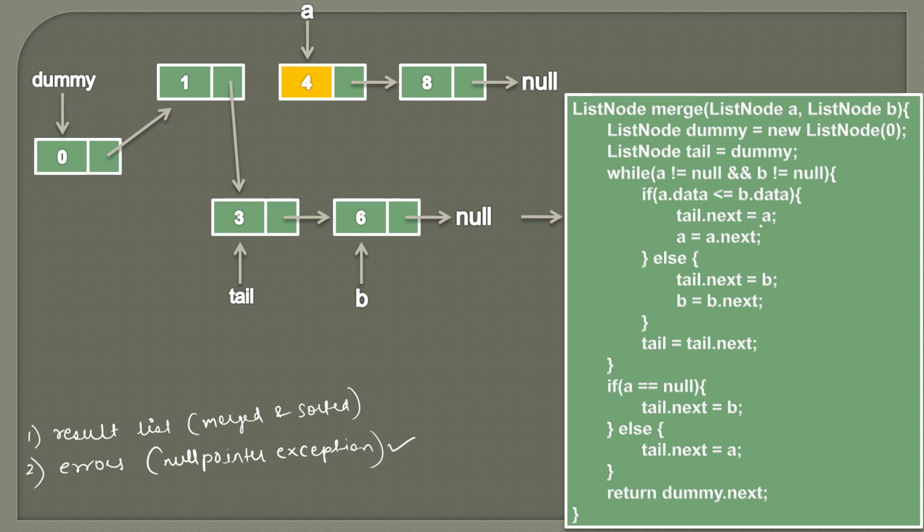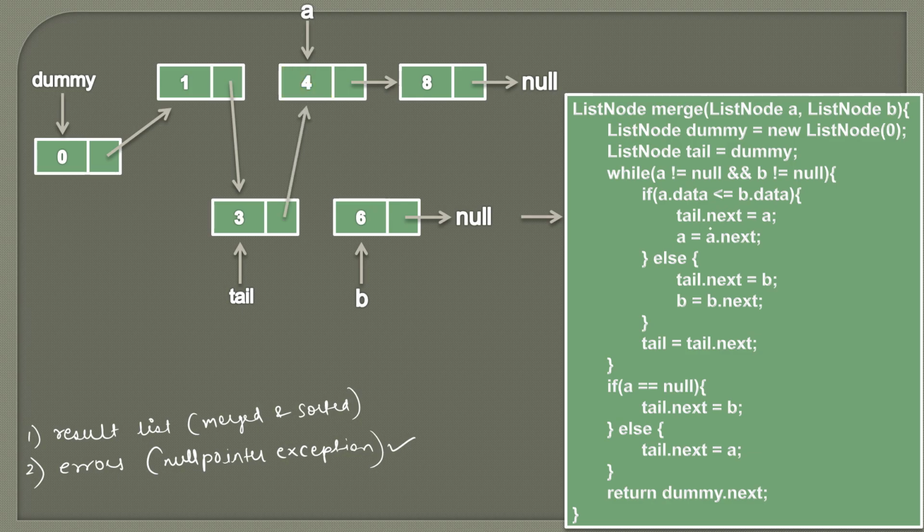So in the first step, tail is pointing to node 3, tail's next is pointing to 6. So first we need to remove this link. And how we can remove this link is, to tail's next we assign A. So tail's next, we remove this node and we assign A, which is node 4. So it would look something like this.